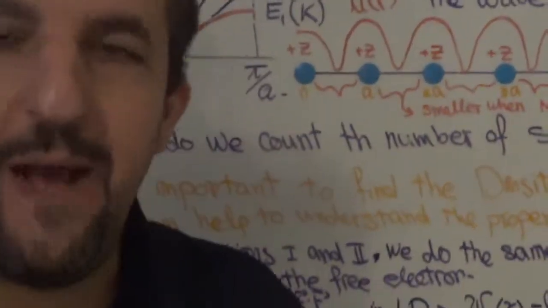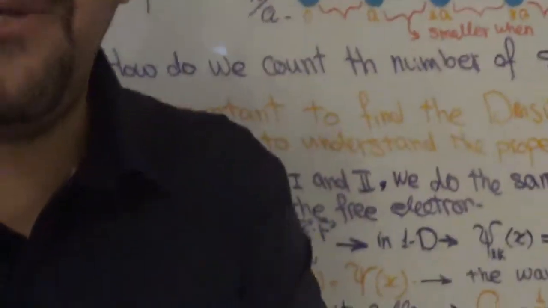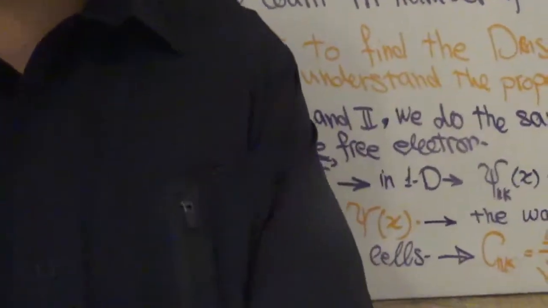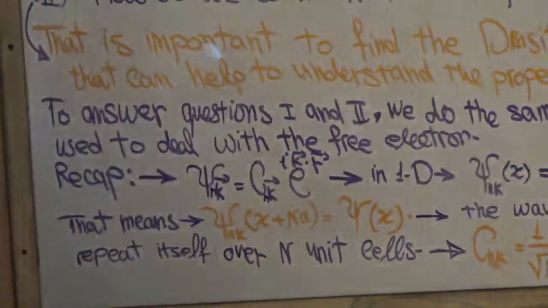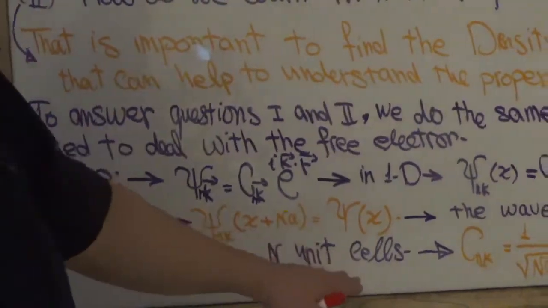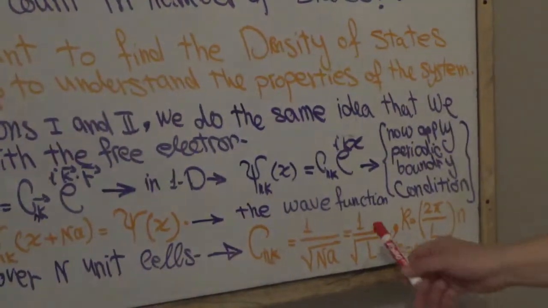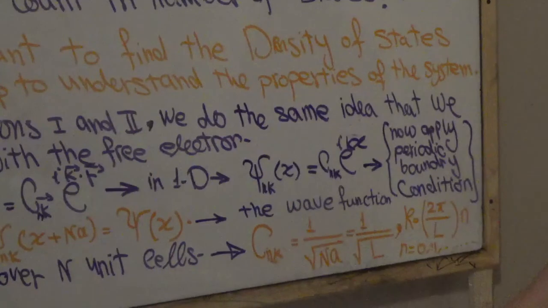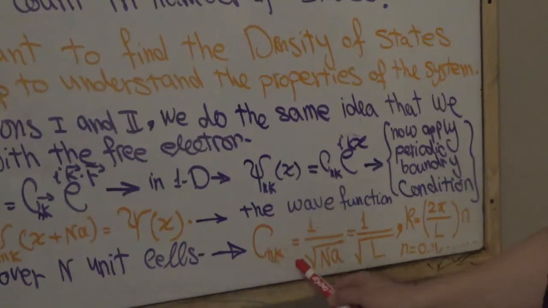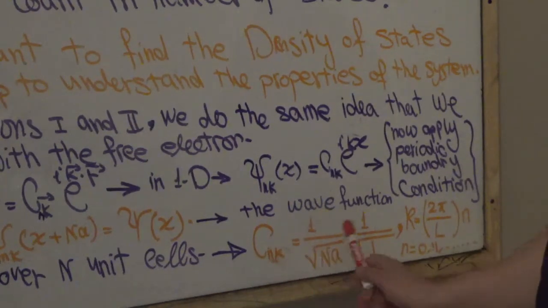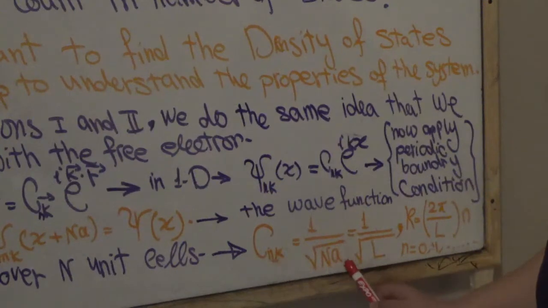So let's go down again to the free electron problem and the plane wave, and move now to the left. When we normalize this wave function, we will see that C sub k is equal to 1 over the square root of n times a.